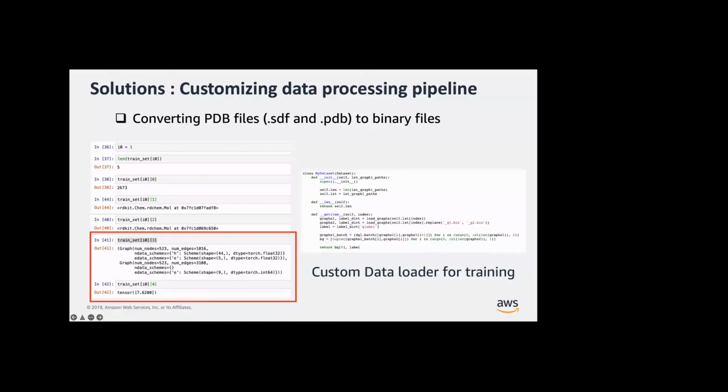Our customer solution is converting these PDB files to binary files. We also refactor the data processing pipeline to create the binary files as well as load the graph through the binary file. And we also have a custom data loader for training.